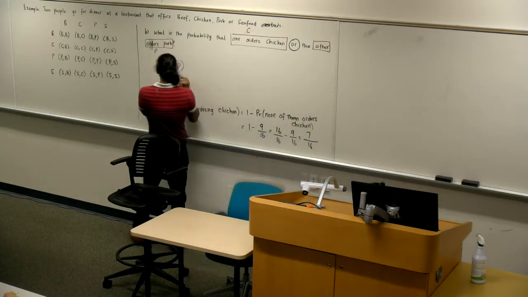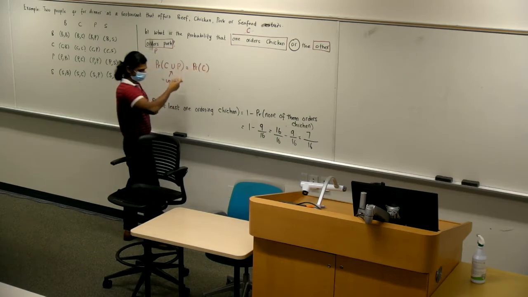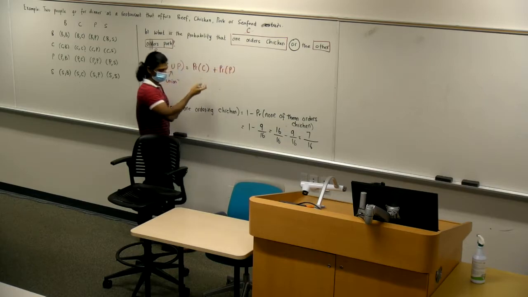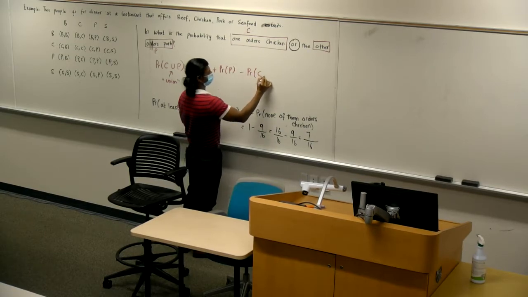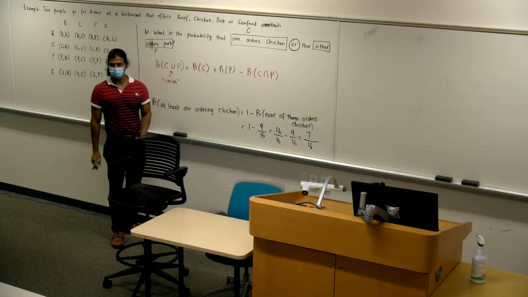So if we use the rule, this is the probability of chicken plus the probability of pork minus the probability of chicken and pork, right?